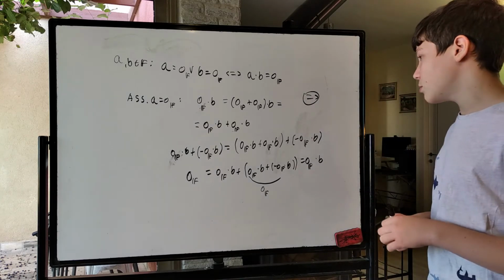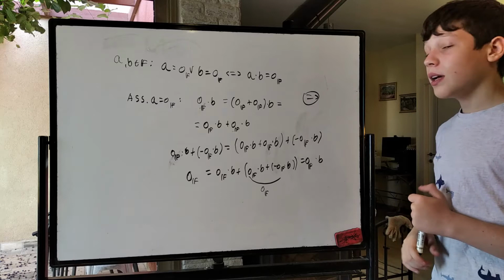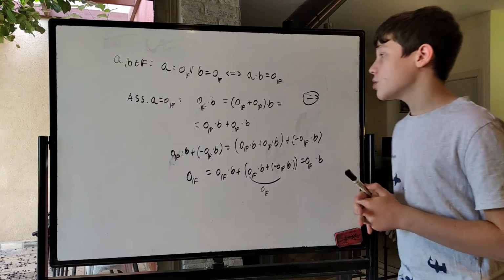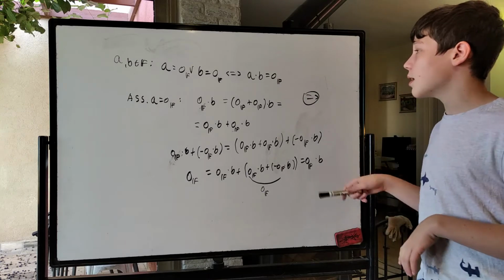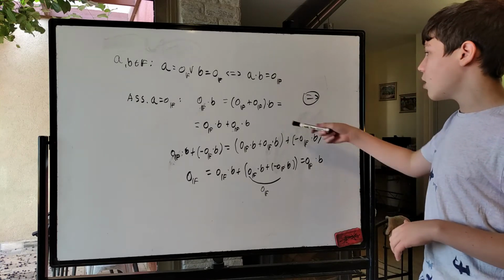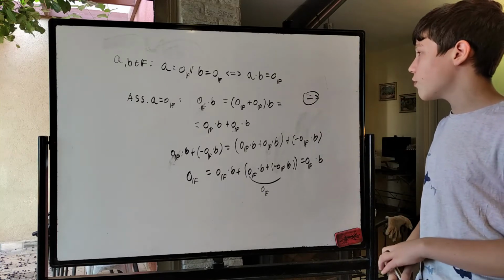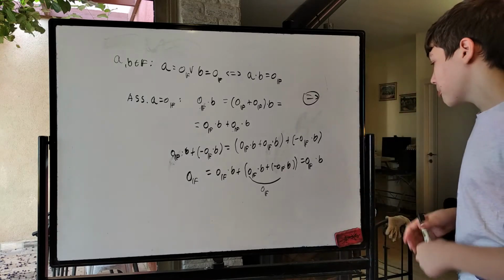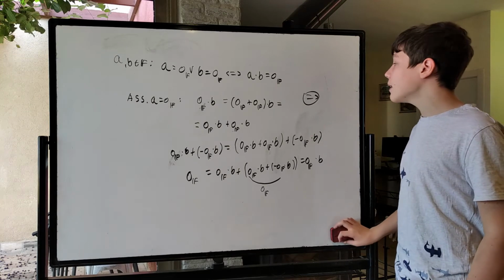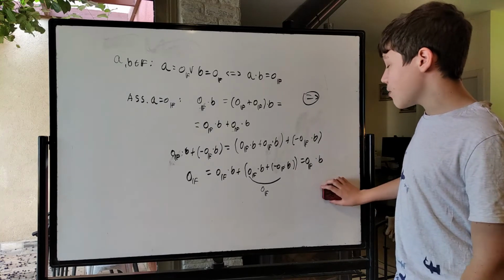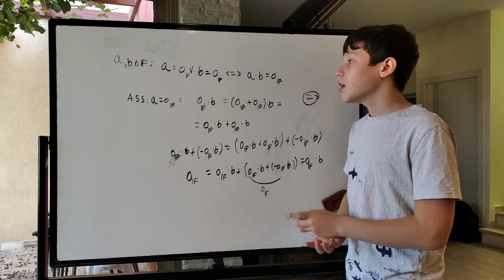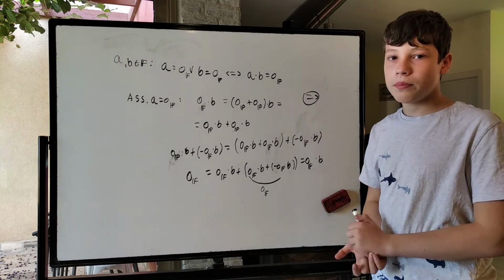And by the way, note just how many properties of a field we used just to prove this one direction of the proof, which says something times 0 is 0. Okay, now let's erase this and move on to the second part of the proof.